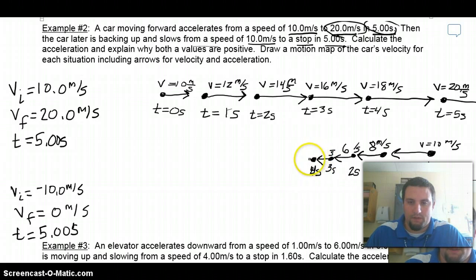It's 4 seconds right there. This is 2 meters a second. And then at 5 seconds, my vector should have a length of 0 because I'm not moving. So it's 0 meters per second there.